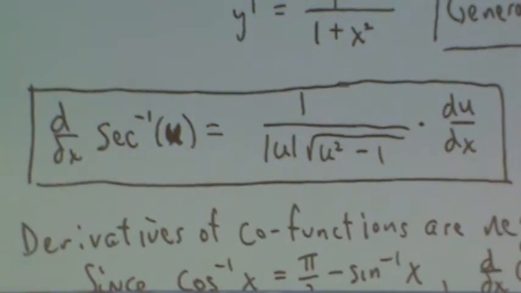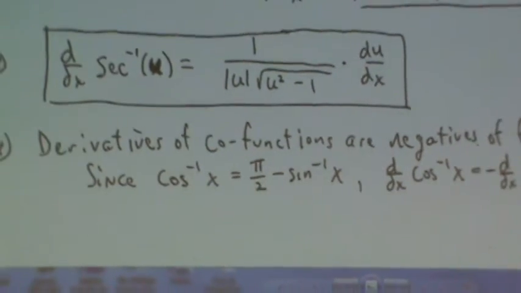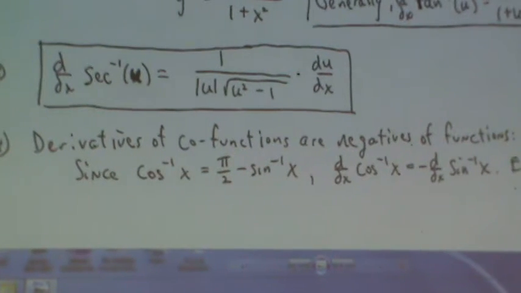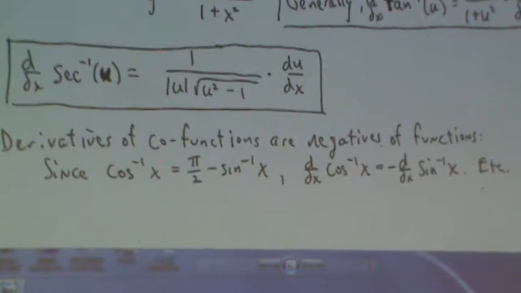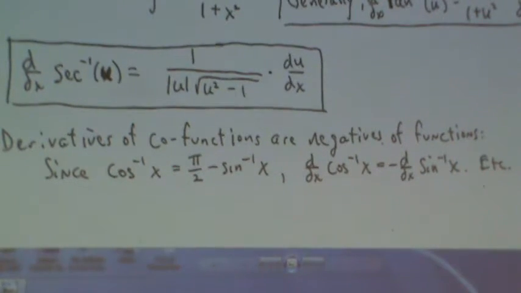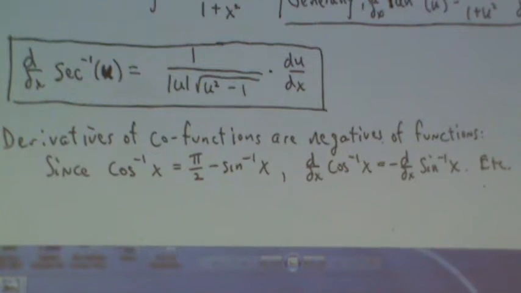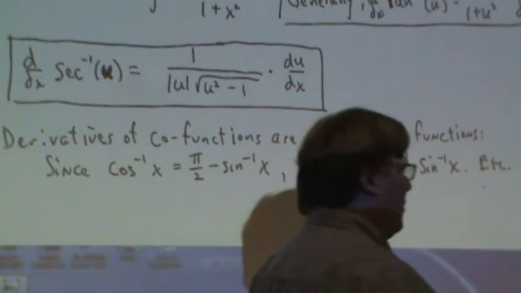I just found the derivatives of the inverse sine, secant, and tangent. What about the cofunctions? Well, there's a relationship between a functional value and its cofunctional value, given by this. For example, inverse cosine of x is equal to pi over 2 minus inverse sine of x. Another way of saying that is, let's say it's a half. Are you guys okay with that?